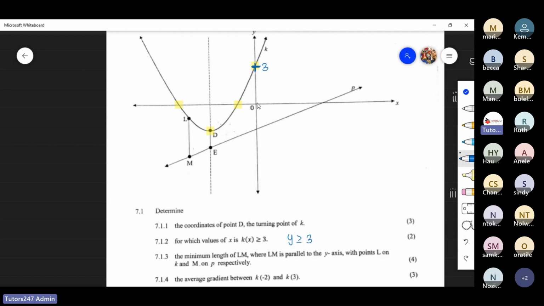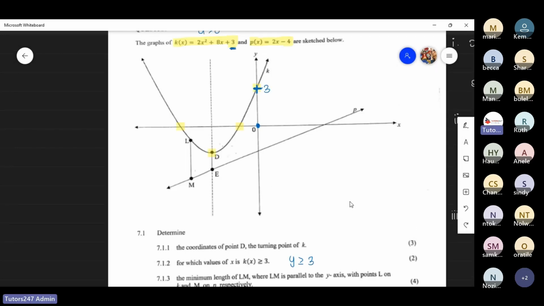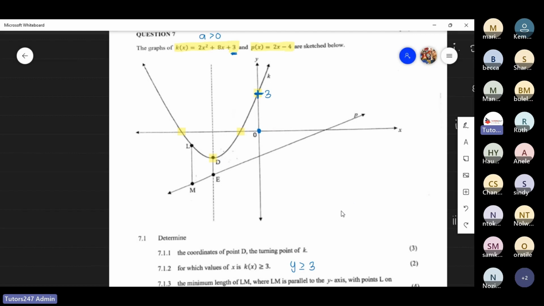So we can see that on the right-hand side, we are starting at x equals 0. So we need to identify, are we going to the right or are we going to the left of 0? So let's have a look. Our question was greater than 3, not less than 3. So if it's greater than 3, it means that our y values need to increase from 3.